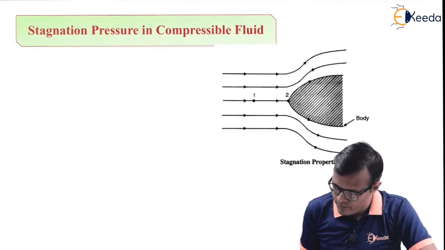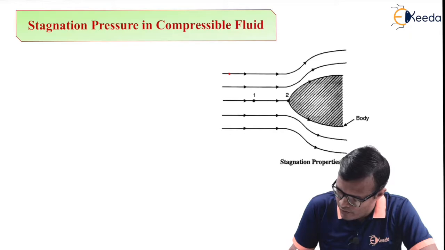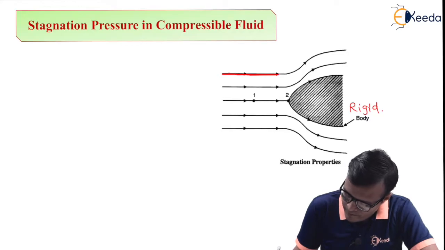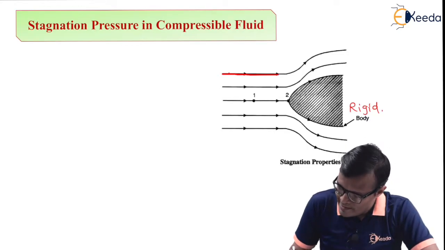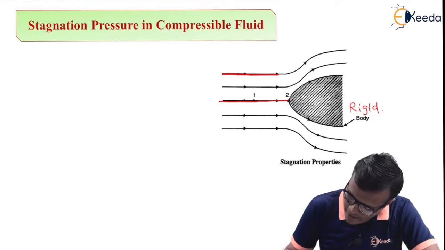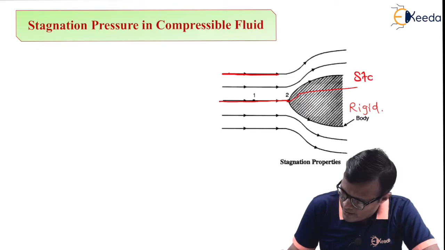Let us assume that there is a flow of fluid as shown in the figure, surrounded by a rigid body. There is a diversion of this line at point 2, and this point 2 is nothing but the stagnation point.